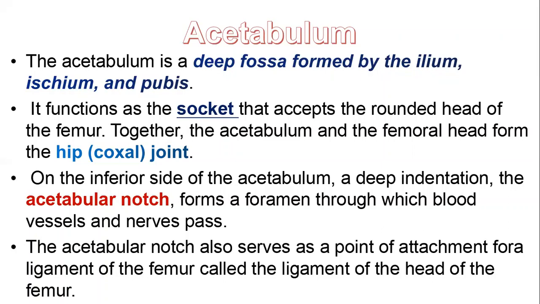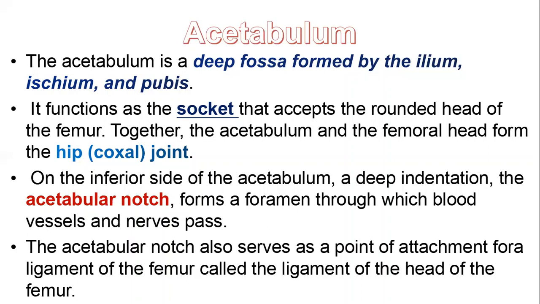Together, the acetabulum and the femoral head form the hip or coxal joint. I just mentioned this in the beginning of this discussion, so I was able to identify the acetabulum from the hip bone, and also explain its function, whereby it accepts the rounded head of the femur, and this is known as the hip joint.